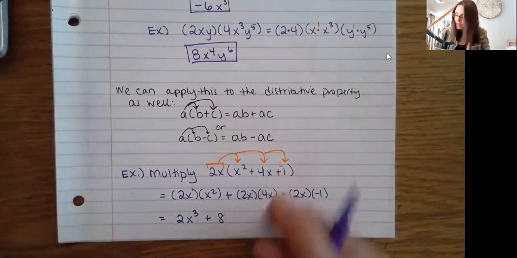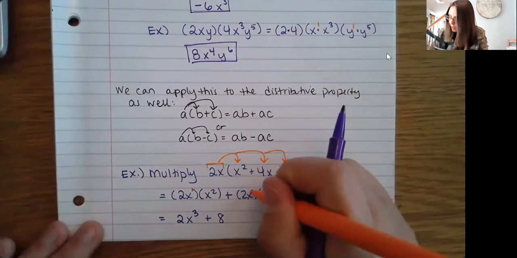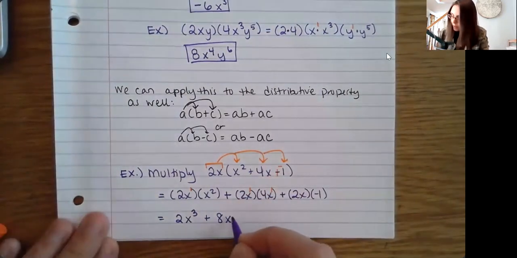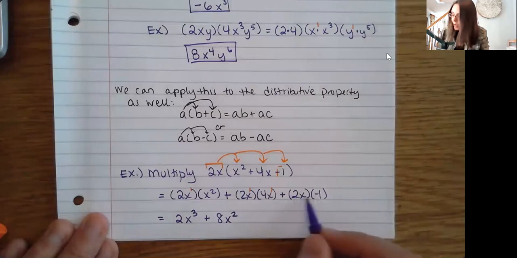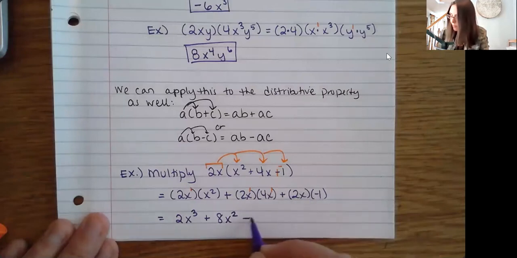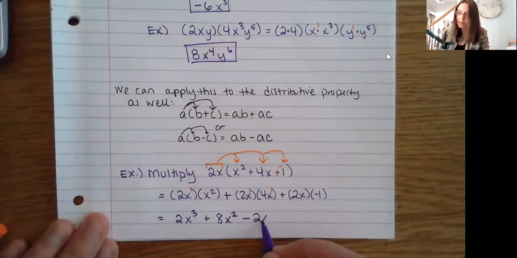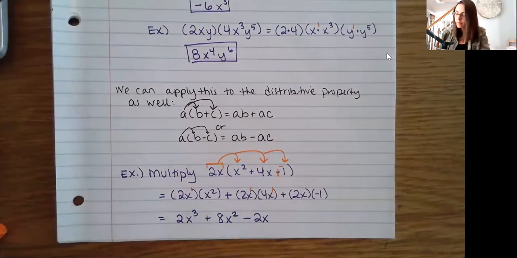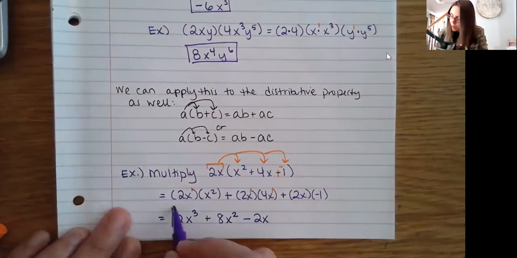And then again, each of these x's have a 1 on them, and we add them together. So 1 plus 1 is 2, so I have x squared. And then for this last group, negative 1 times 2 is negative 2 or minus 2, and then I just have the x. Now give it a quick check. These are all unlike terms, so I cannot add or subtract them. So we're going to have to stop.